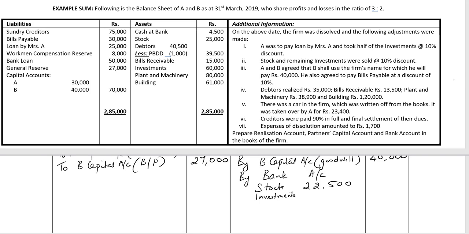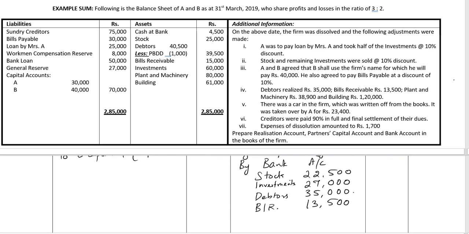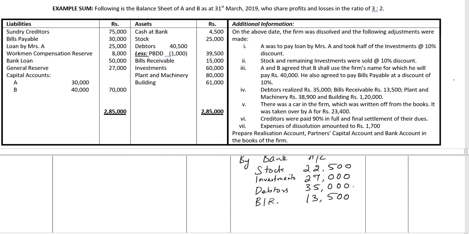So 30,000 worth investments at 10% discount is 27,000 rupees. The fourth point, debtors realized 35,000 rupees. So debtors 35,000 rupees. Bills receivable 13,500 rupees. Plant and machinery realize 38,900 rupees.